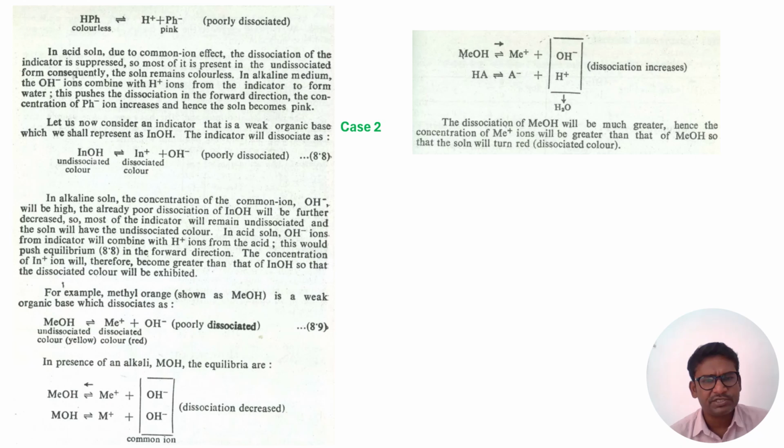In alkaline solution, the concentration of the common ion, that is OH-, will be high. The already poor dissociation of the weak organic base will be further decreased. So most of the indicator will remain undissociated and the solution will have the undissociated color.